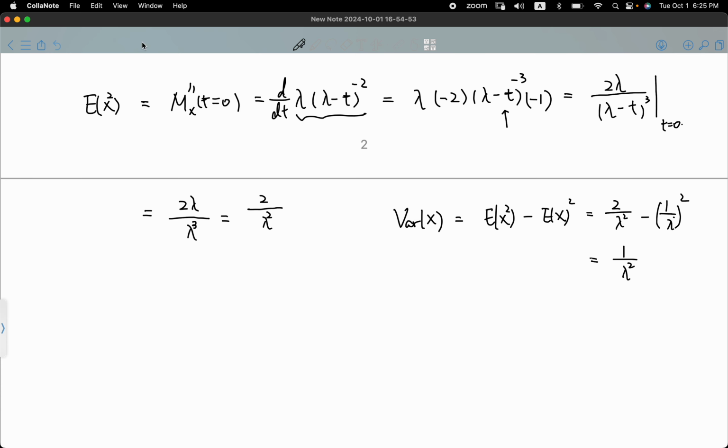So just to distinguish, when you take the second derivative, you get what we call the second moment. But the variance is the second moment minus the square of the first moment. So I think this should conclude this example here. Any question or comments?